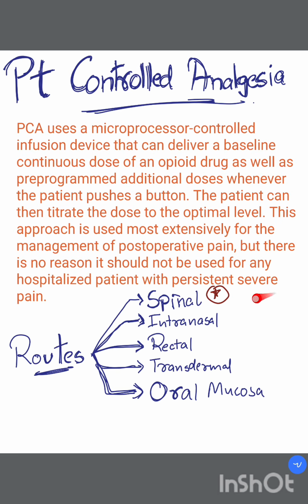There is continuous infusion of opioids being delivered to the patient, but if the patient experiences pain, he can push a button. The program is such that it will deliver a preset bolus dose of opioid. The patient can then titrate the dose to the optimal level. This approach is used most extensively for the management of post-operative pain, but there is no reason it should not be used for any hospitalized patient with persistent severe pain.